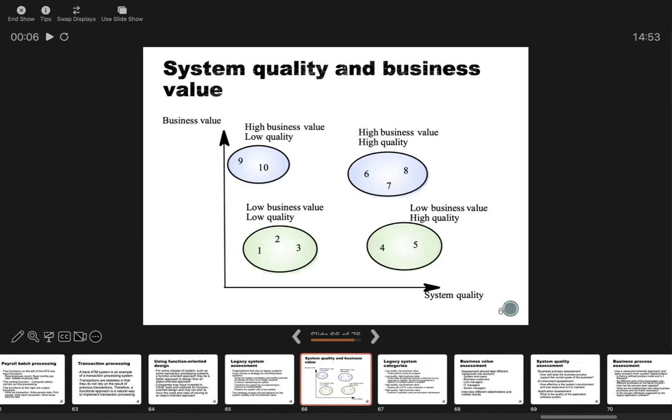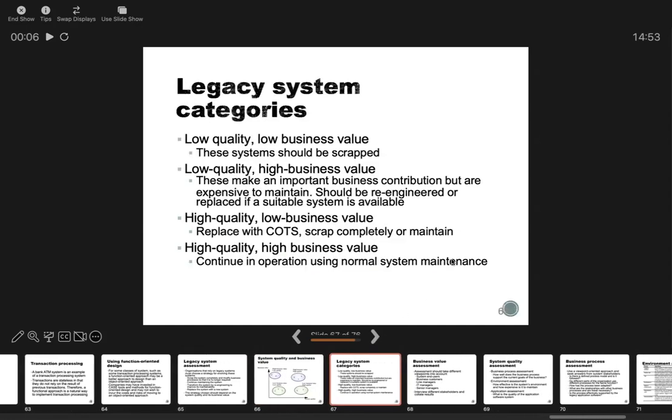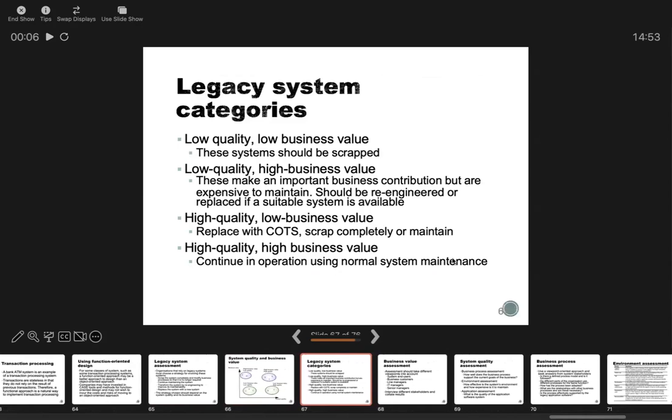If we organize those and make some trade-off, we can see this quadrant: it has high business value but low quality, low business value and low quality, low business value and high quality, and high business value and high quality. So it is necessary to decide how we will interact with our legacy system.